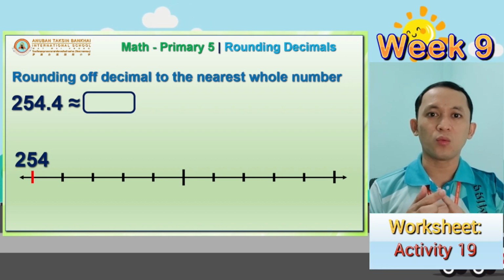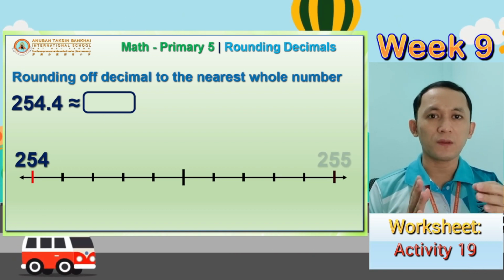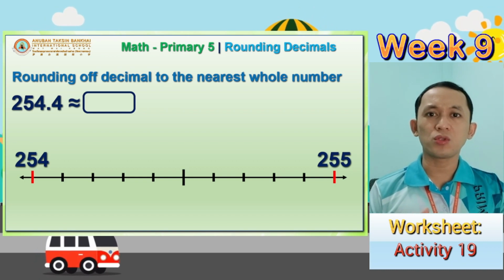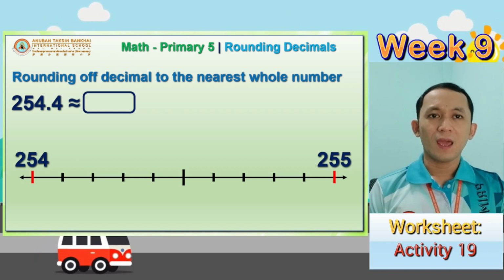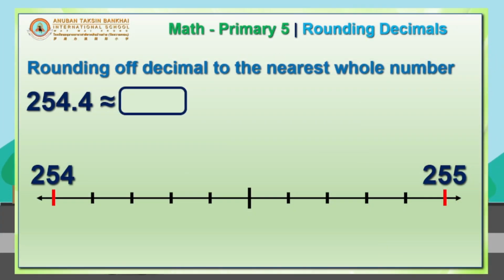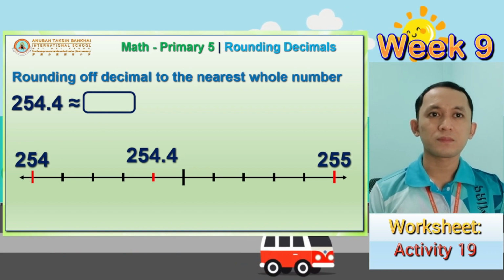Let's just add 1, so after 254 comes 255. Now we have 2 whole numbers. Then let us write the exact location of our decimal number, 254.4. You can see that the number is written in this position.